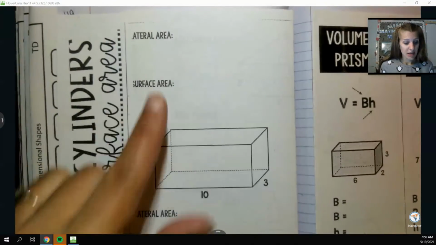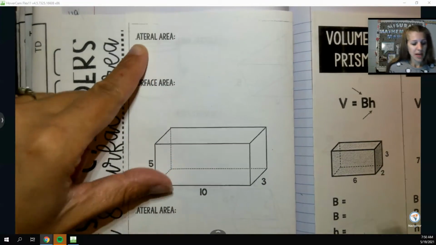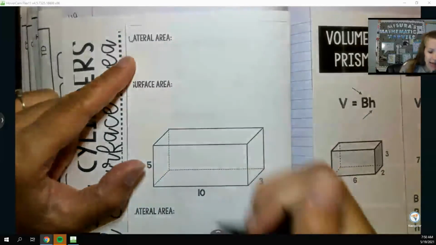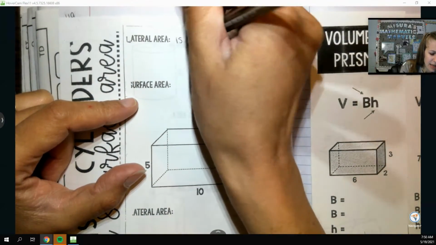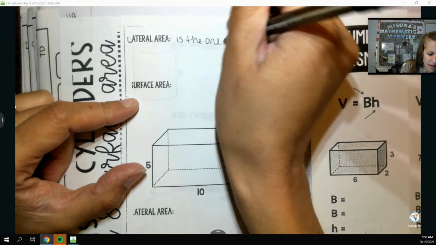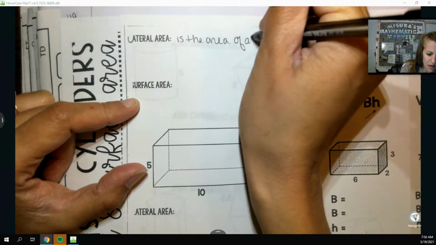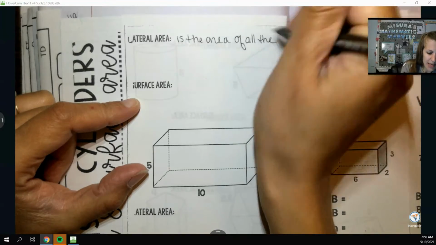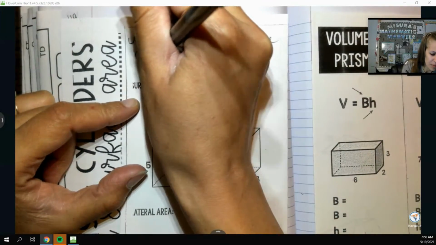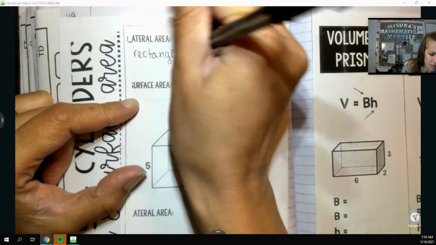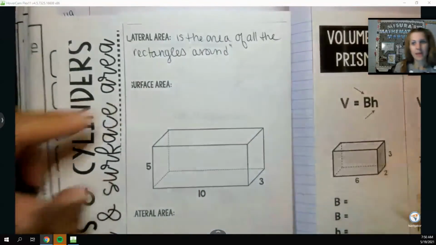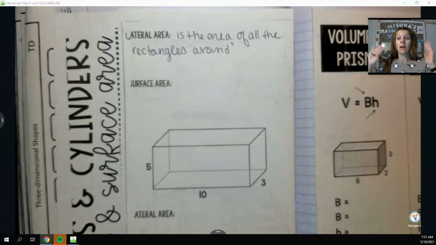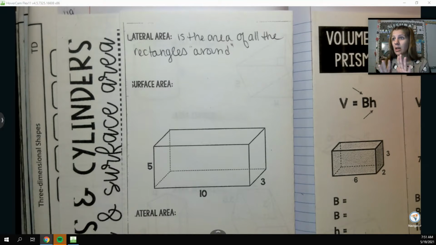Alrighty, so sorry this got a little bit chopped off, but this says lateral area. So lateral area is the area of all the rectangles around. If I think about my two bases, all the stuff around those bases falls apart into a rectangle.